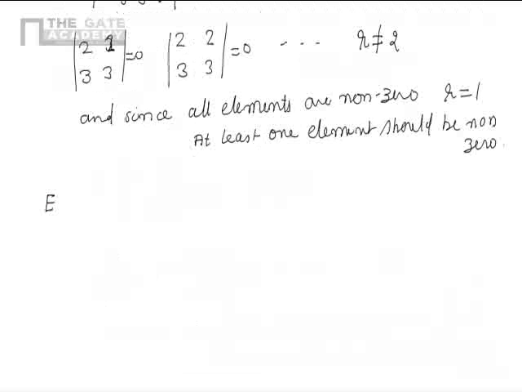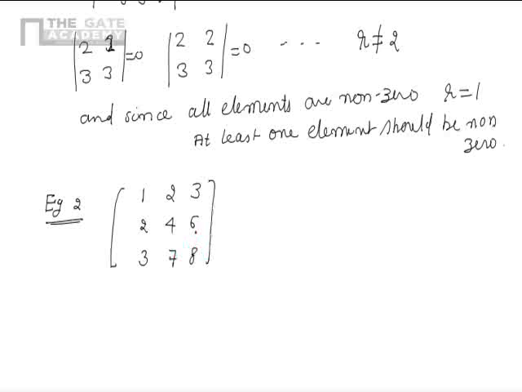We can take another example: 1 2 3, 2 4 6, 3 7 8 8. So in this case, if I calculate the determinant of this matrix, I'm directly writing the determinant.